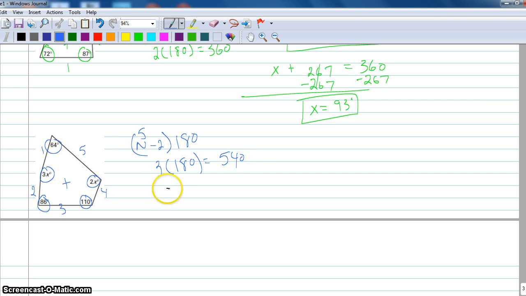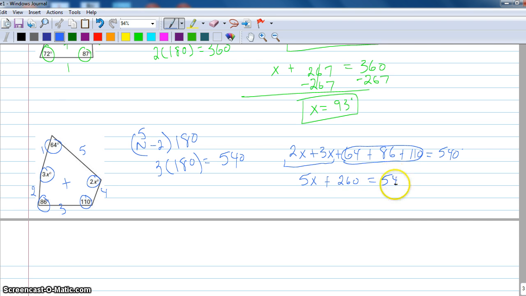So we're going to add them all and put equals 540. 2x plus 3x plus the 64 plus the 86 plus the 110 equals 540 degrees. Well, 2x plus 3x is 5x, and 64, 86, and 110, when you add them, you get 260 equals 540.